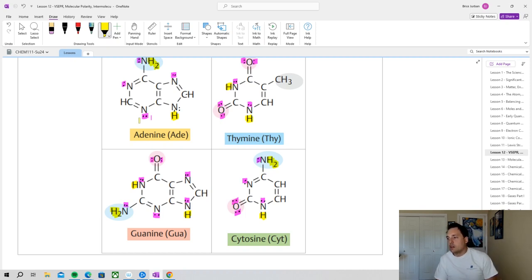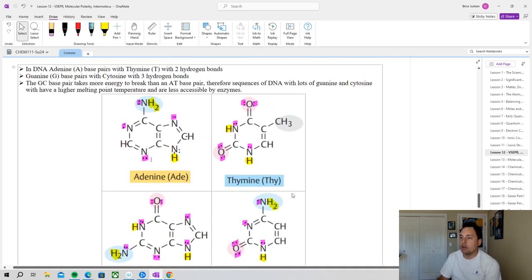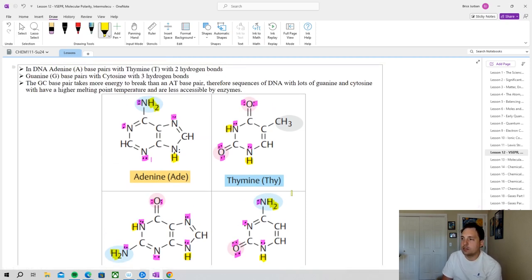Okay. All right, so why do A and T pair up, and why do G and C pair up? Well, A and T pair up because of just the orientation in which these are. So I have, and I'll write this in red here. So this group up here will pair up with this oxygen over here because it has a hydrogen bond donor, and this one has a hydrogen bond acceptor.